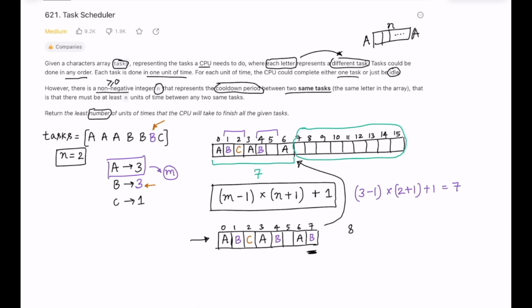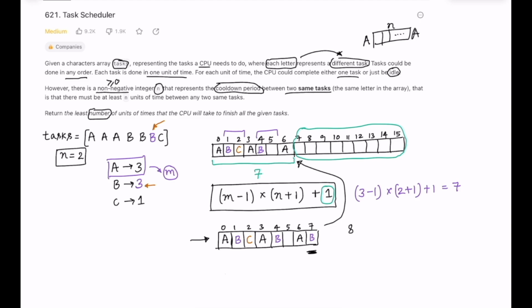So what went wrong with our formula? What can we change in our formula to accommodate this case? The last plus 1 in our formula is for the last task that we have to execute, and it's also the most frequent task. In this case, there are two most frequent tasks.